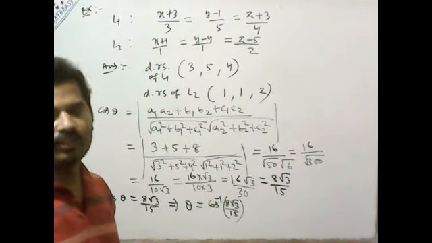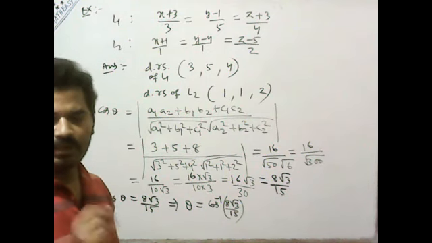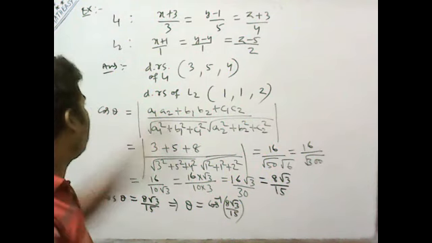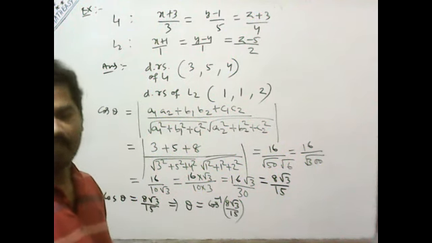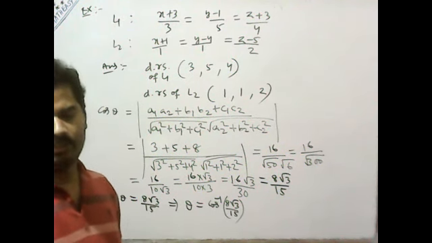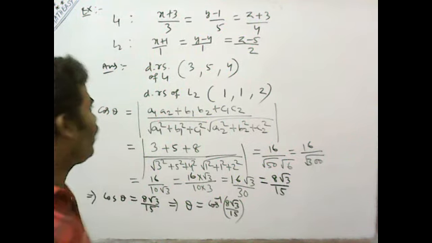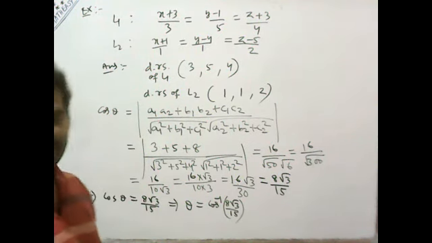If the lines are not parallel to the origin, or if lines are given in vector form or in Cartesian form, then you can do it very well. So this is the angle between two lines concept.